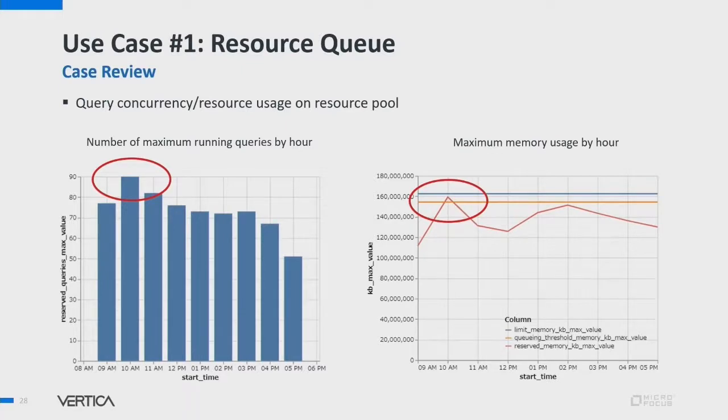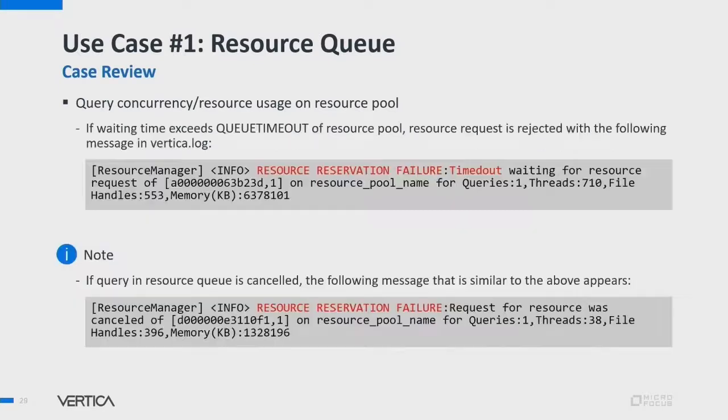The red line shows the max memory usage by hour. Between 10 and 11, it exceeds the threshold, so the queries that require additional memory need to wait, and this makes the user feel the query response is slow.